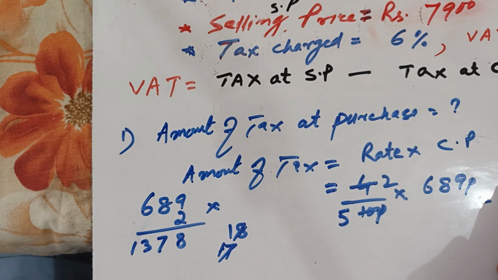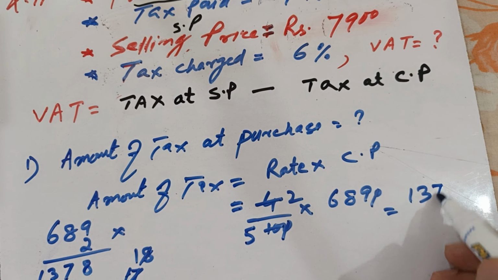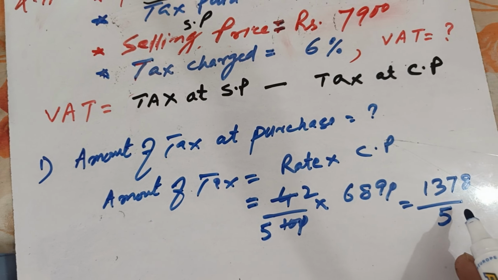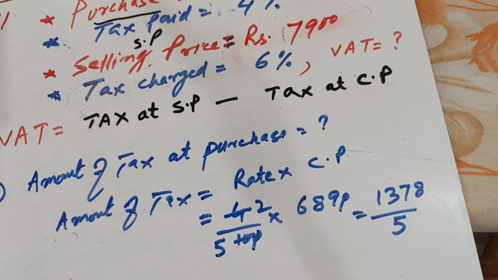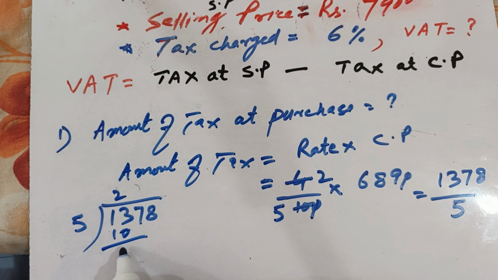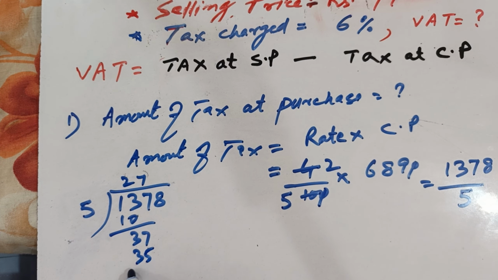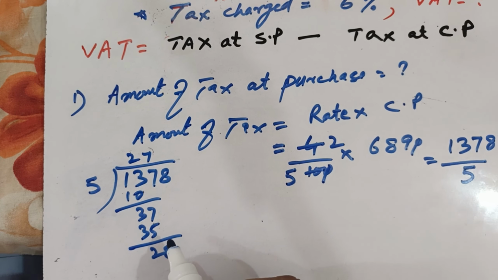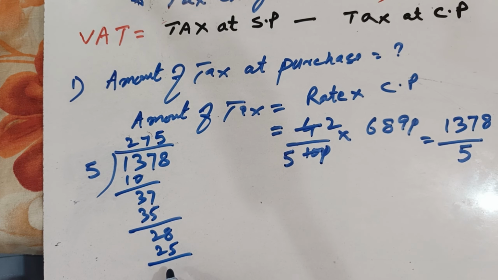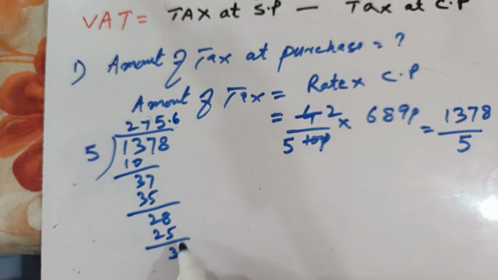We can say that this is 1378 divided by 5. We will divide this 1378 by 5. 5 2s are 10, 3, 7, 5 7s are 35, 2, 8, and this is 5 5s are 25, 3, 5 6s are 30.